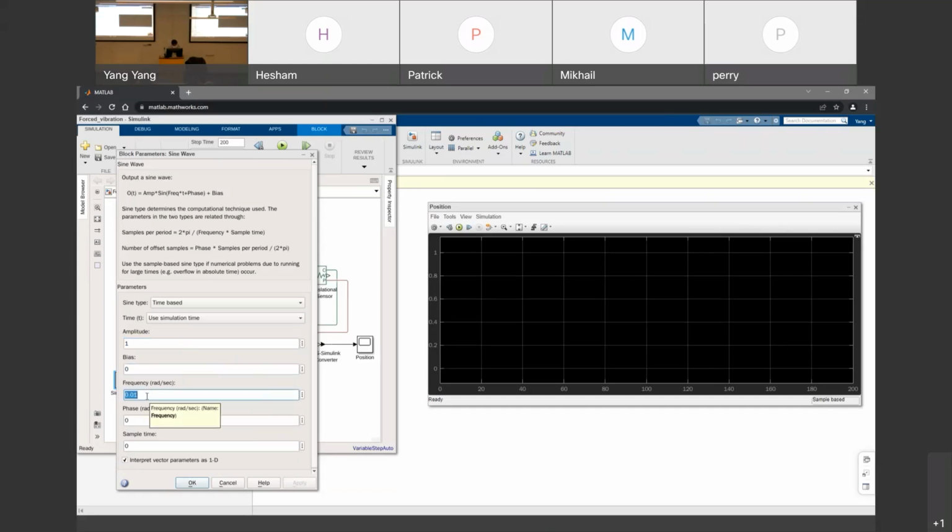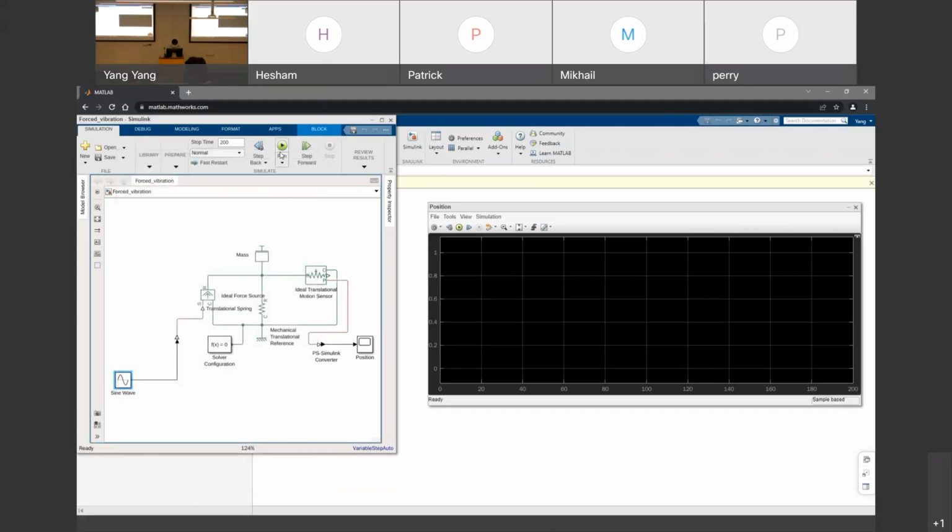For example, if the frequency of the force is very small, 0.01, and the natural frequency of the system is 1, this is much smaller. We run the simulation, and the response of the system is given.